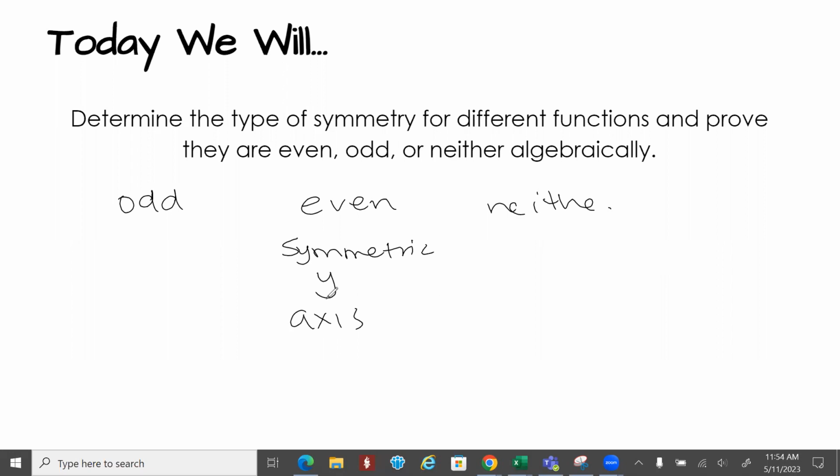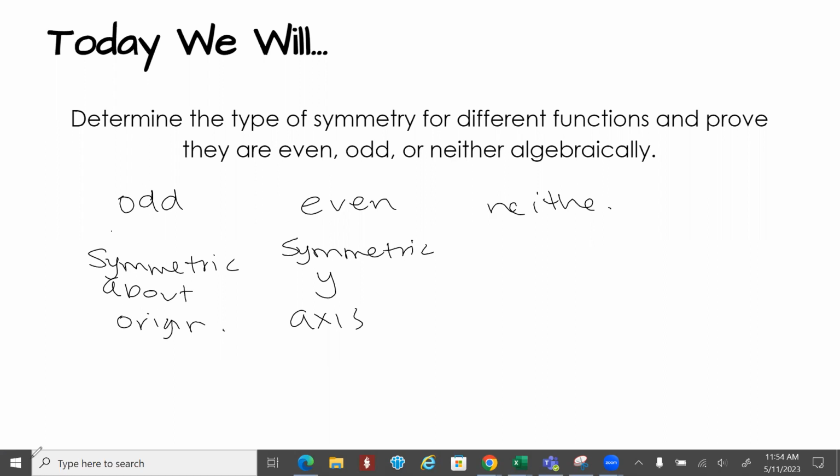That means you could draw a straight line up and down and it folds on top of itself, then it would be evenly symmetrical. Odd is going to be symmetric about the origin. And what's crazy is most functions are neither even or odd.